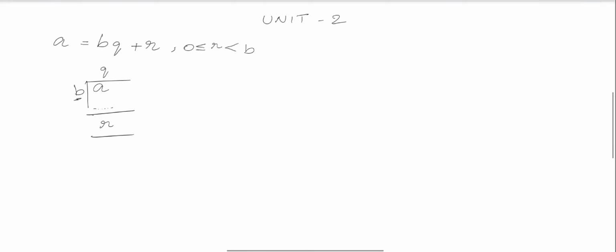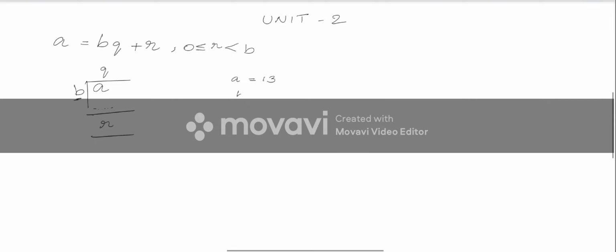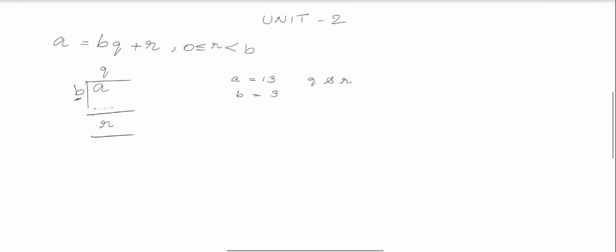Take one example. You have two integers, a is 13 and b is 3, and you are asked to find q and r. Your dividend a and divisor b are given, and you are asked to find the quotient and remainder. How do you find it?